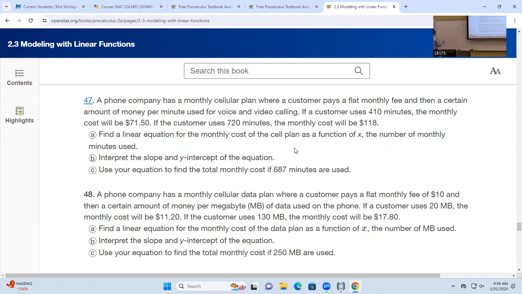And it says if a customer uses 410 minutes, the cost was $71.50. If the customer used 720 minutes, the cost was $118.